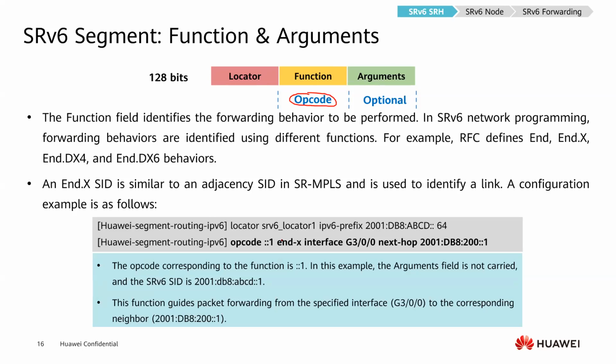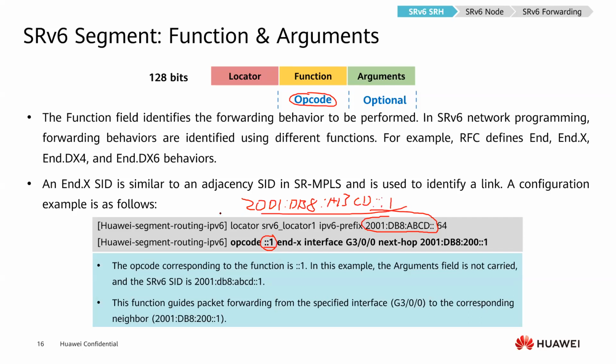If the locator is fixed, and the opcode ID is ::1, the SRv6 segment is 2001:DB8:ABCD::1.